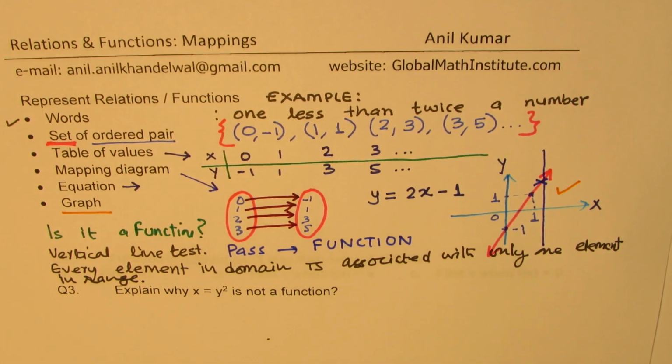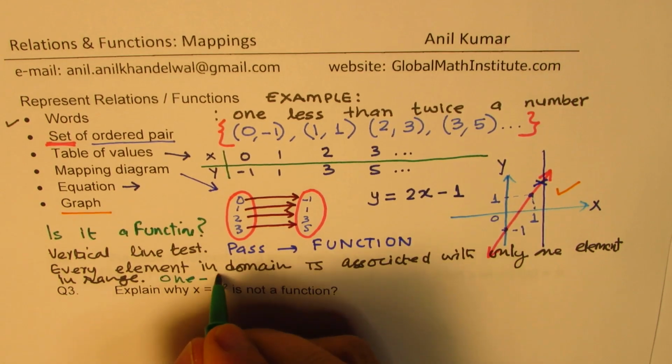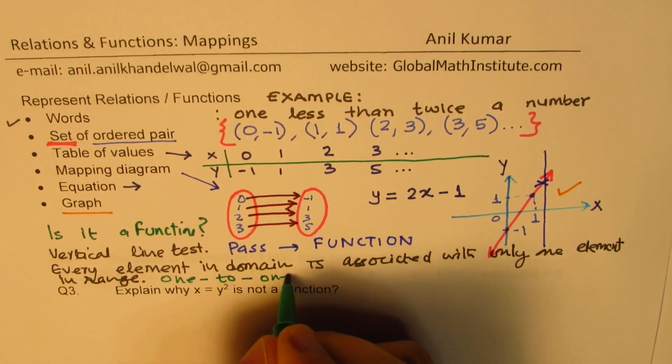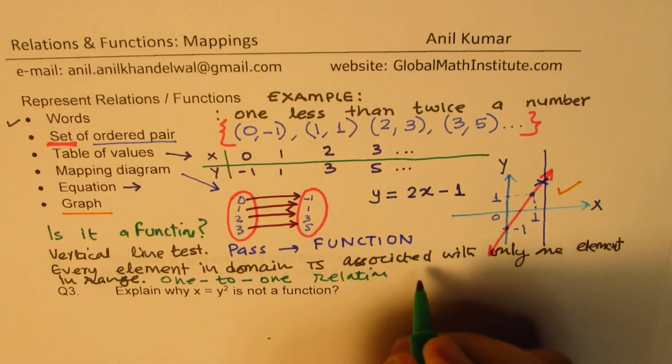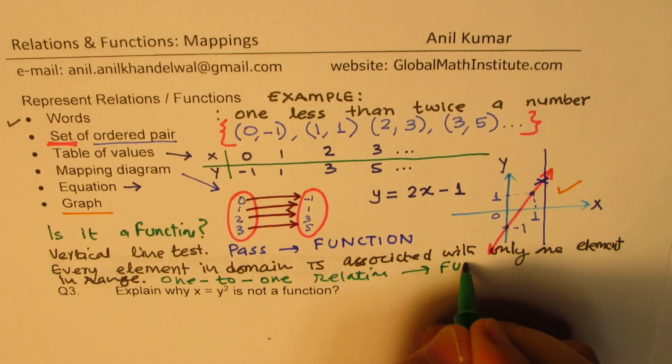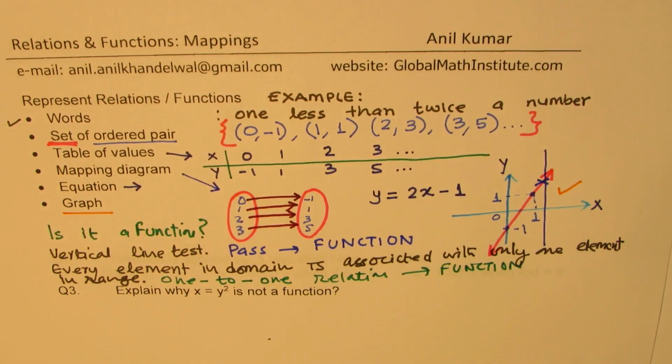So there is a unique association, right? So it is one to one, and therefore it is a function. So that is how you are going to describe whether the given relation is a function or not. Is that clear to you?